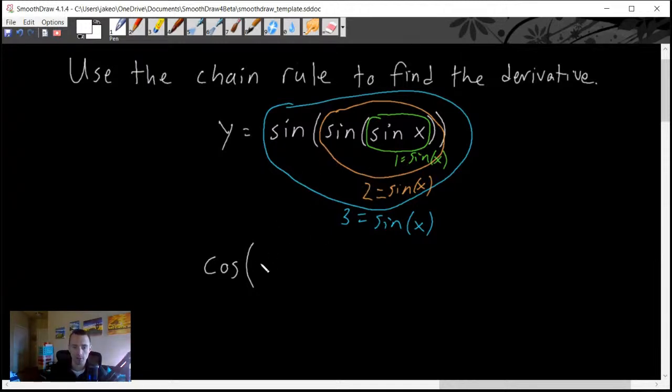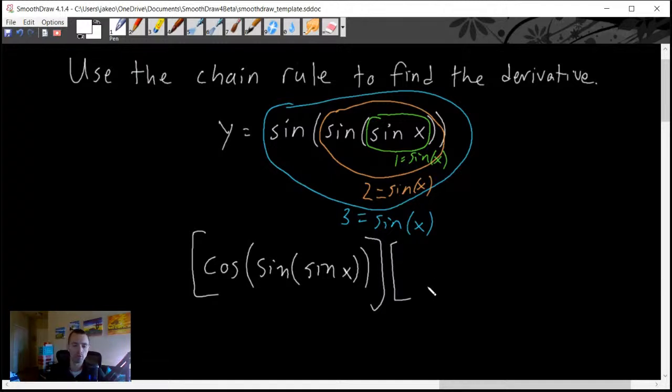Our inside function in this case is sine of x, so we're going to leave this inner function sine of x alone, okay? Then we multiply that by the derivative of sine of x.